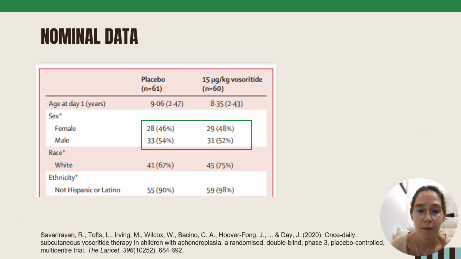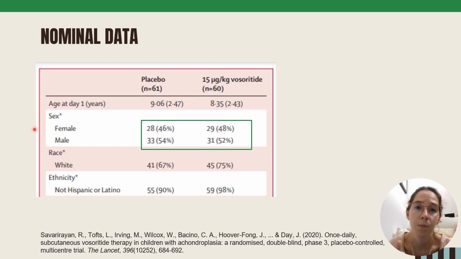So here in this slide, we can see part of a Table 1 from one study, where we have two groups, placebo and intervention, and we can see one of the variables that the researchers recorded. In this case, we have sex, which is a categorical variable, and inside categorical, we can say that it is dichotomous because it can only take two values.